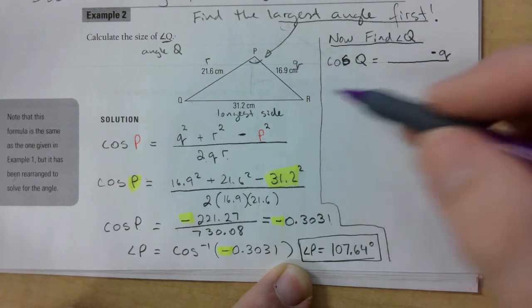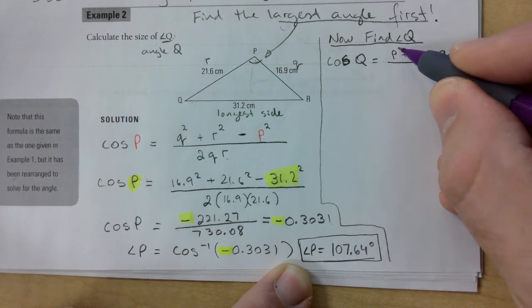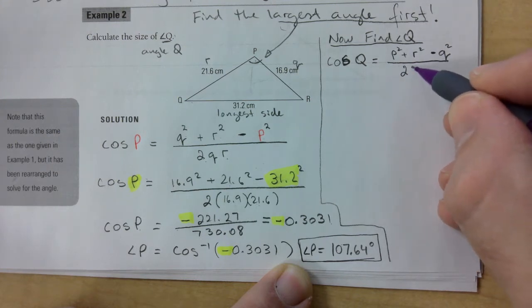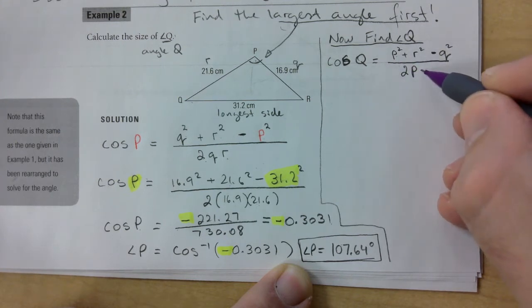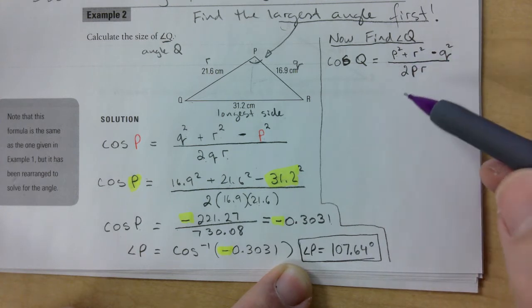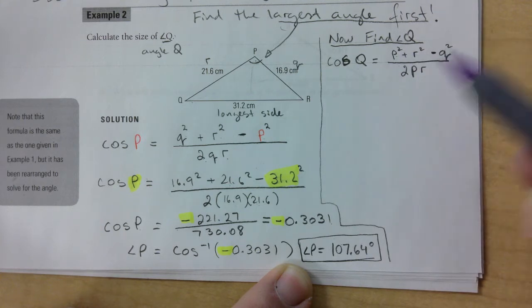And the other one is P and R, right? P plus R, order doesn't matter. Square all of them. And then it's 2 times P times R, right? Like that. That's what this would look like now, Q and Q, right?